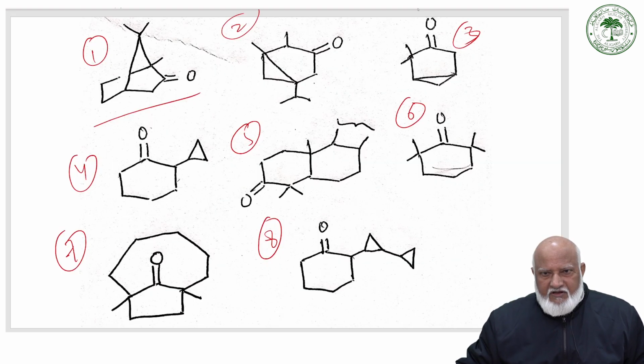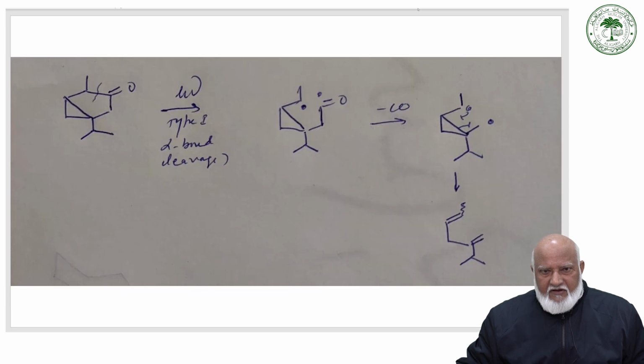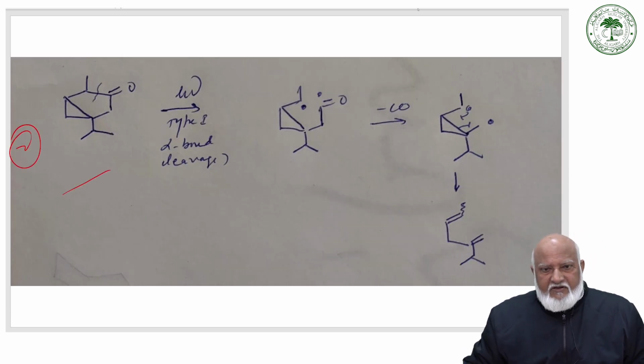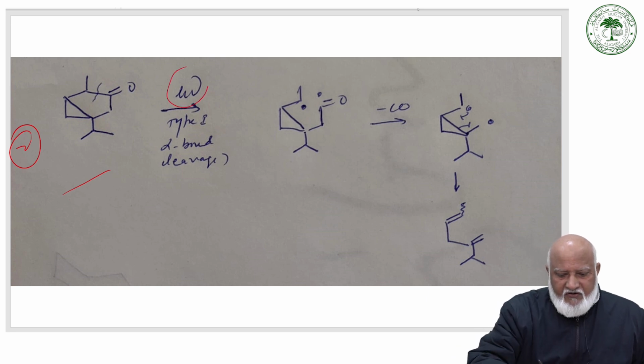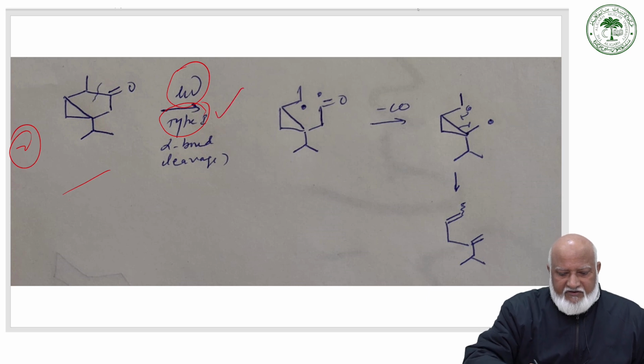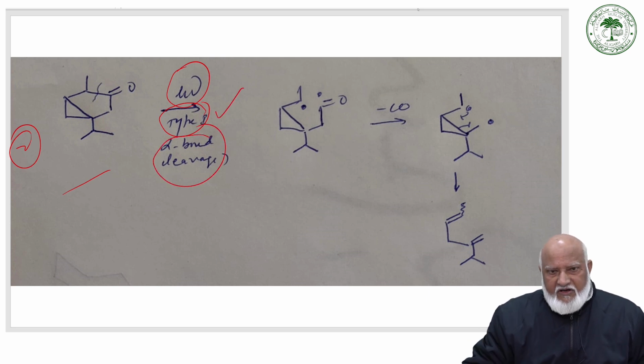Now coming to the next example, the second example in this case. Here, under photolytic condition, this is also a bicyclic aliphatic ketone that undergoes type 1 reaction, which involves alpha bond cleavage.